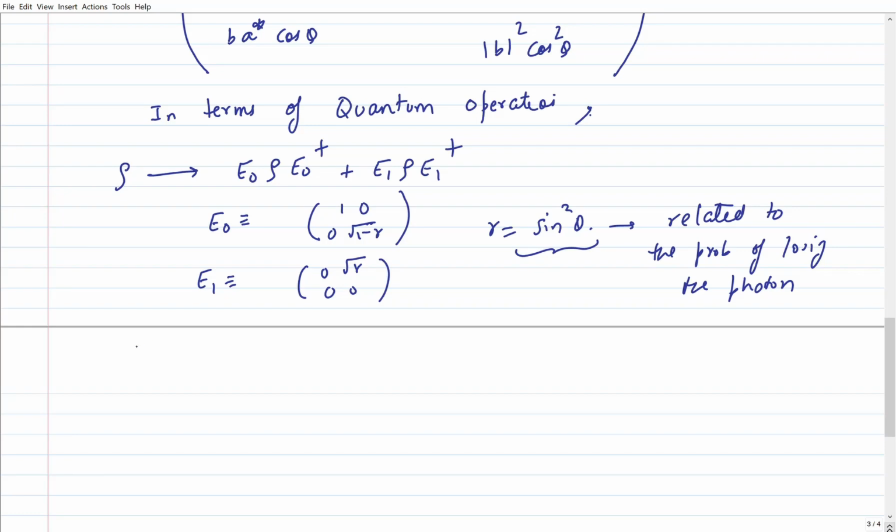So notice what happens. What's the effect of E1 on, let's say, the zero ket?